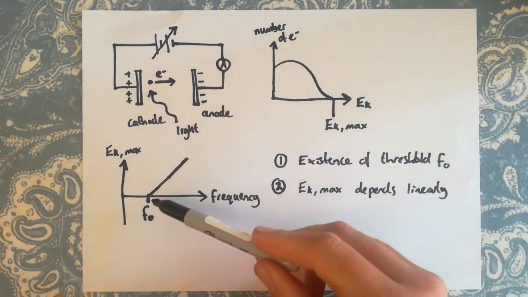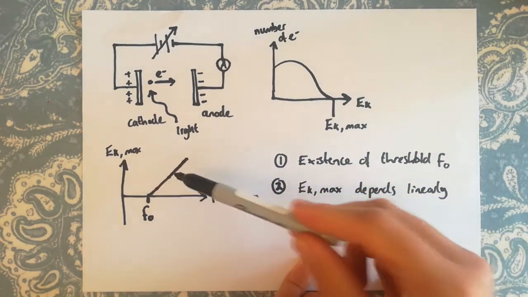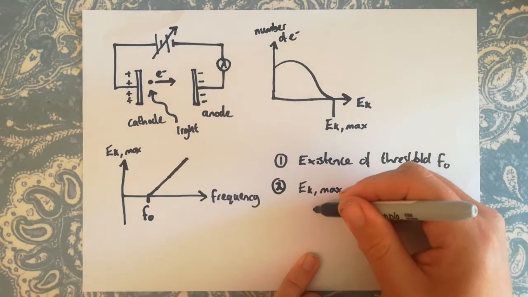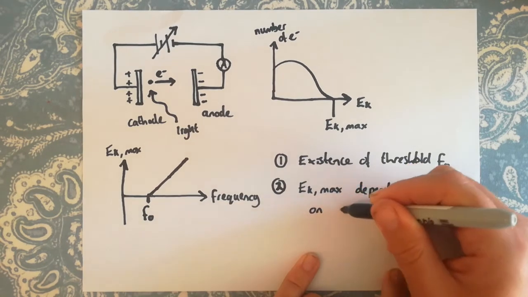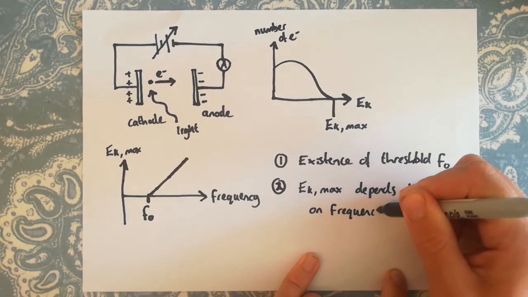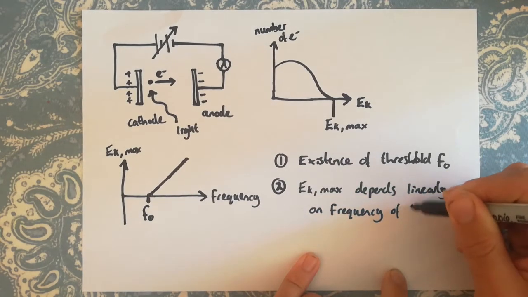So it's a straight line, this graph, in other words. So EK max depends linearly on frequency of light.